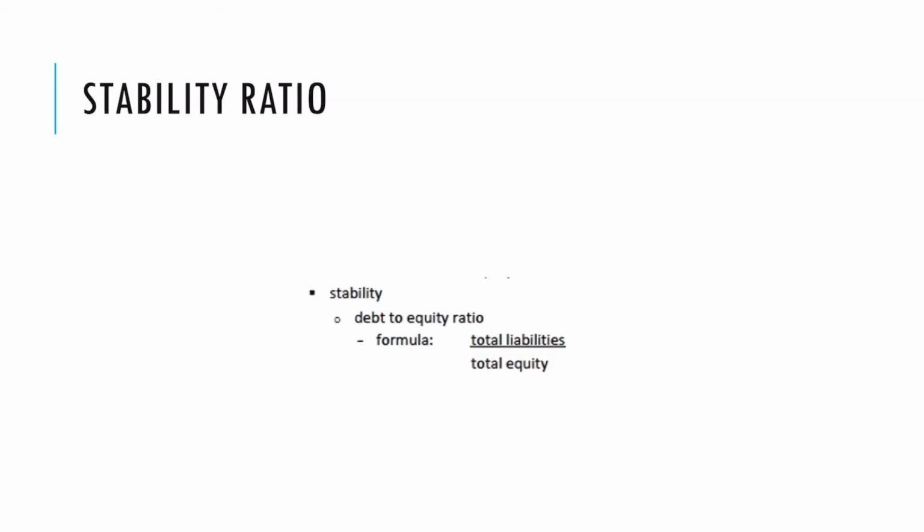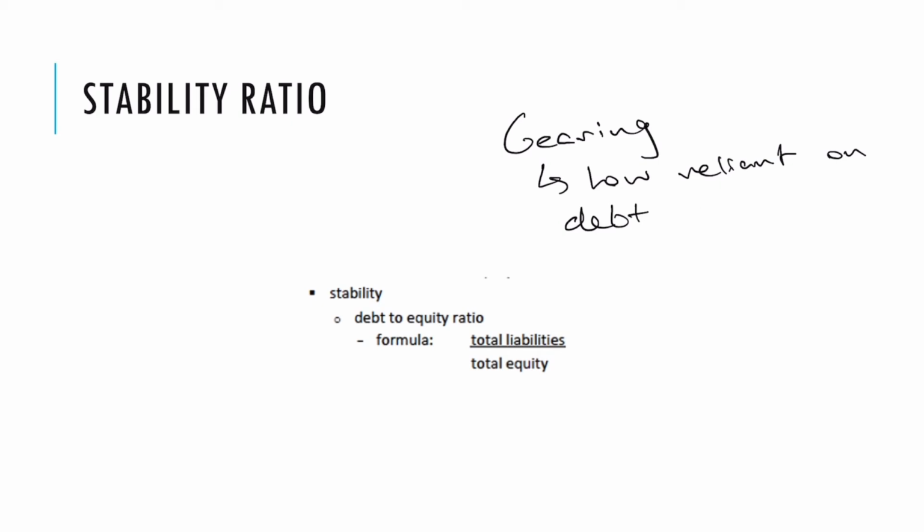We're going to take a slight change of track now and take a look at stability ratios. And what stability ratios really illustrate to us is this concept of gearing. Gearing indicates how reliant on debt a business is for its operating funds.